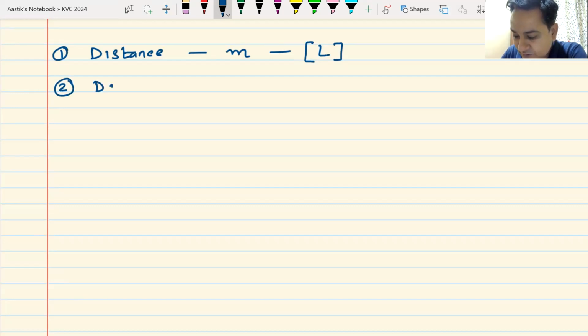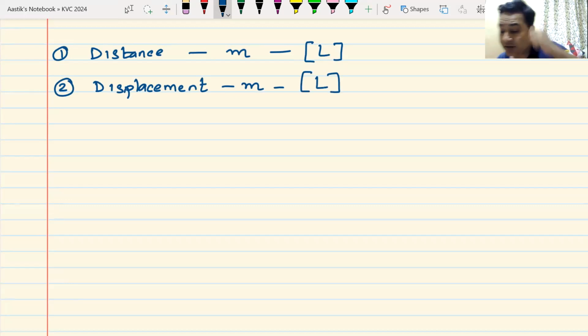The next thing is displacement. Have you heard about displacement? The SI unit is also meters and the dimension is also L. As you can see, a very important thing here, distance and displacement, they both have the same SI unit and they both have the same dimension.